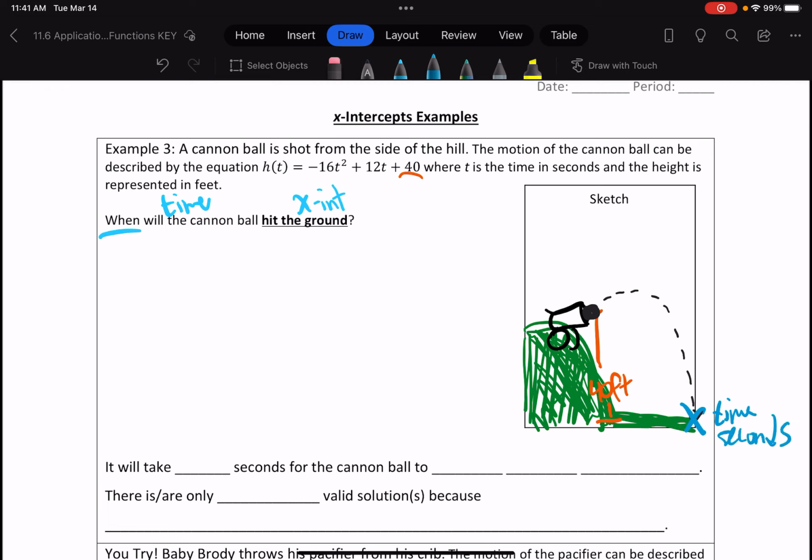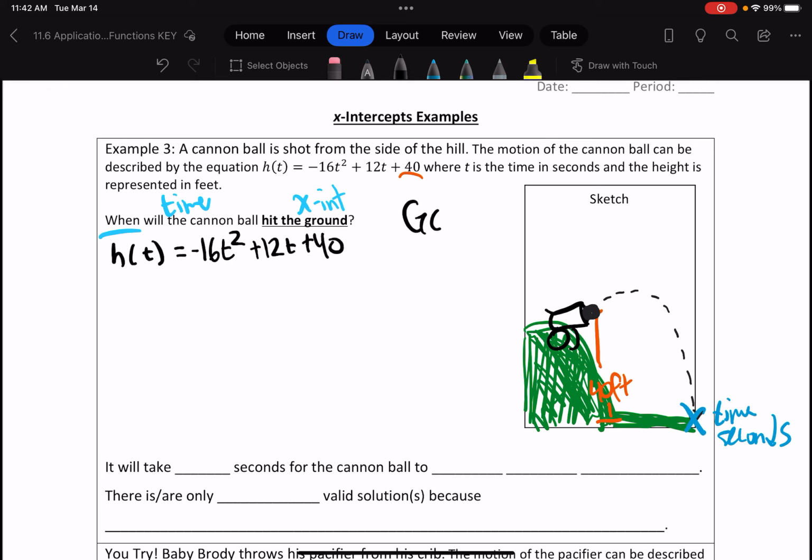So there are a few ways that we can go about solving this. You can solve it by factoring, and you can solve it using the quadratic formula because we are in standard form. Guys, this one's relatively easy to factor, so I'm just going to go ahead and factor it. So I've got h of t equals negative 16t squared plus 12t plus 40.